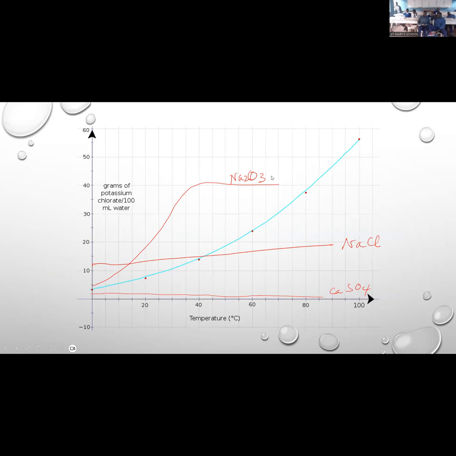There are their shapes, roughly. Sodium chloride straight across, potassium chlorate upwards, sodium carbonate up, then down, calcium sulfate almost insoluble.